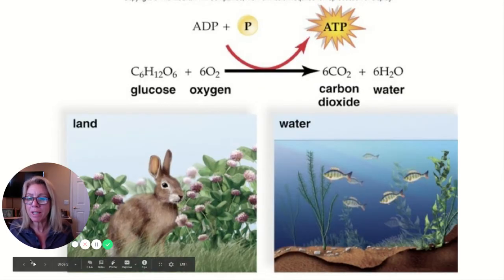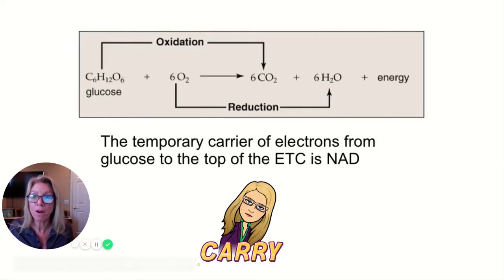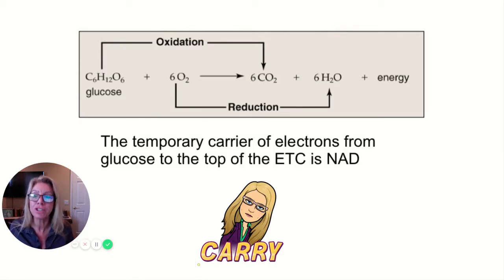So let's talk about what gets oxidized and what gets reduced. We've talked about this before, right? Glucose is getting oxidized into CO2, meaning it's losing energy, losing hydrogens, losing electrons, and the O2 is getting reduced into water. Now, when that happens, you're going to transfer the electrons from glucose to an energy transfer molecule, a coenzyme called NAD.